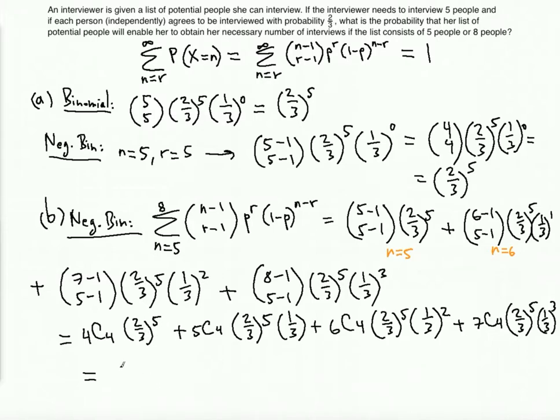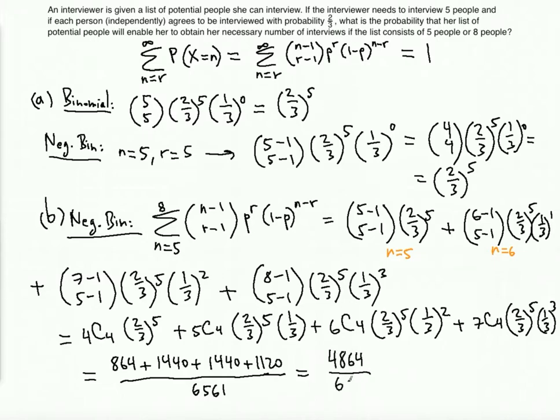You should have this: 864 plus 1440 plus 1440 plus 1120 over 6,561, and that will give you 4,864 over 6,561. So that's your probability.